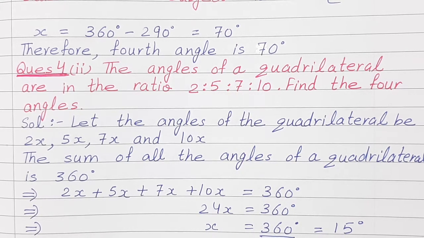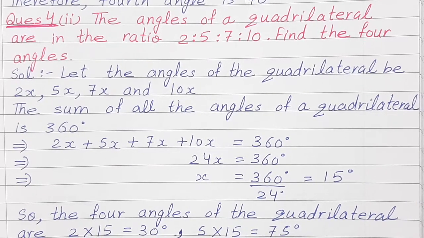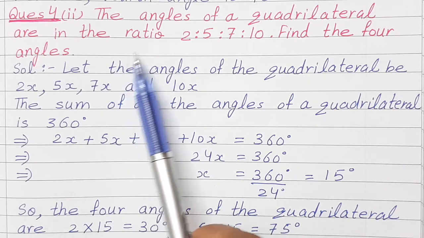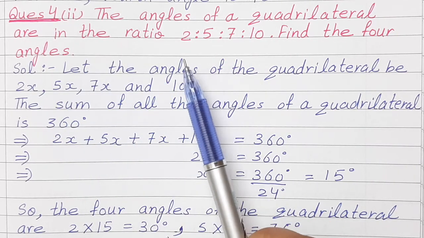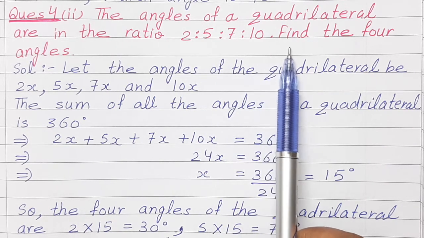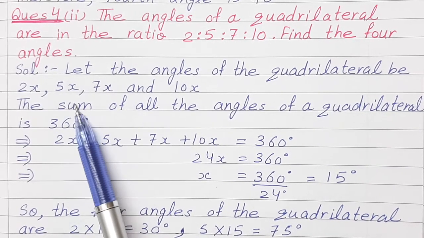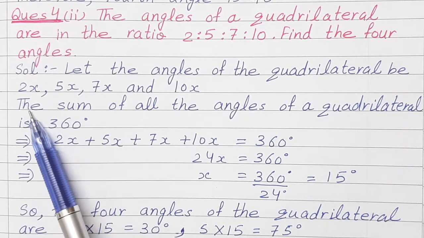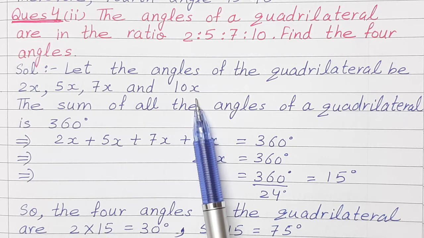Now children, let us discuss question number 4, second part of the same exercise, that is exercise 1A. The angles of a quadrilateral are in the ratio 2:5:7:10. Find the four angles. Let the angles of the quadrilateral be 2x, 5x, 7x and 10x.